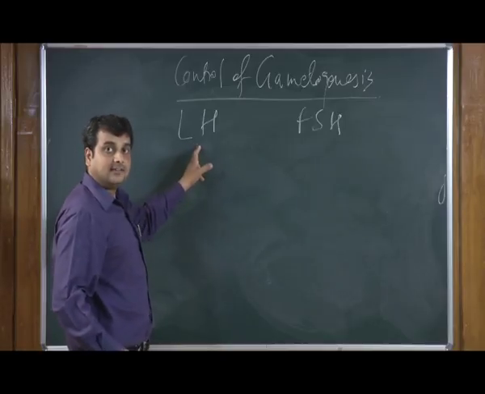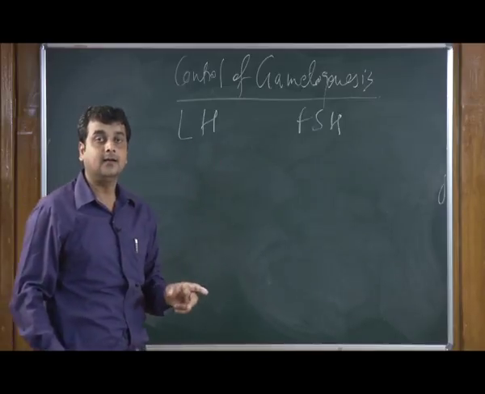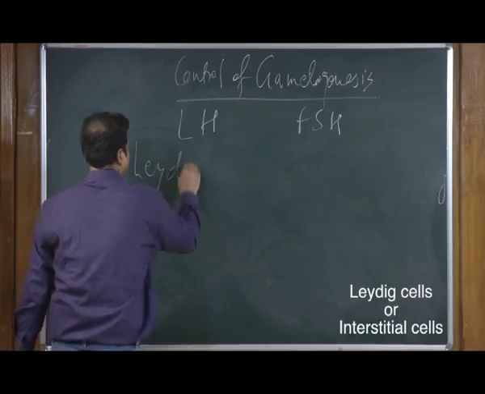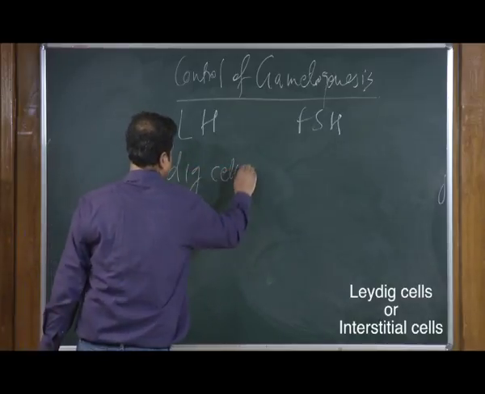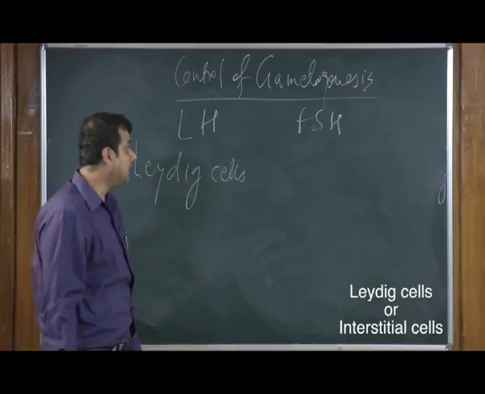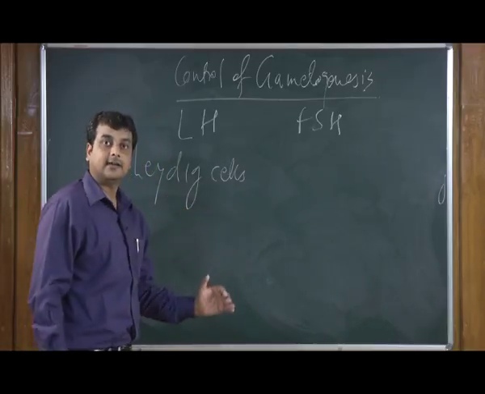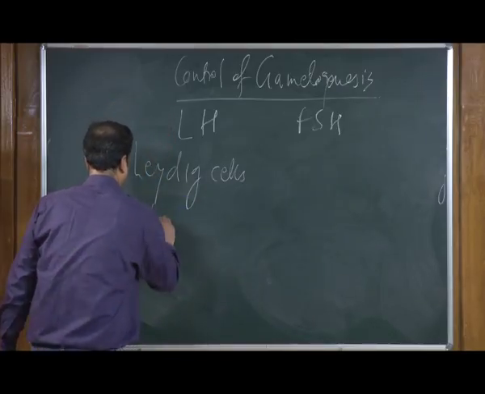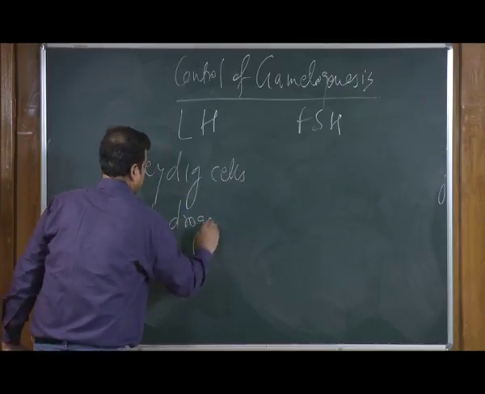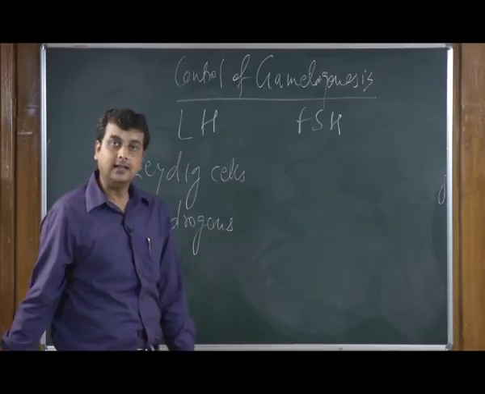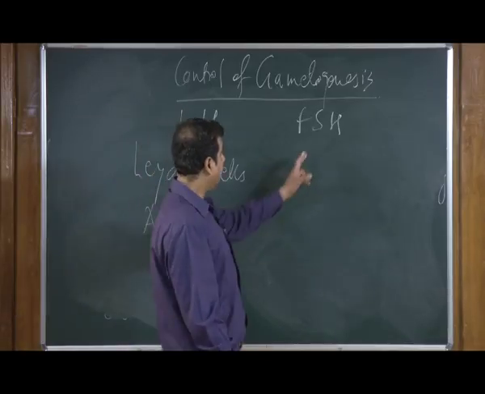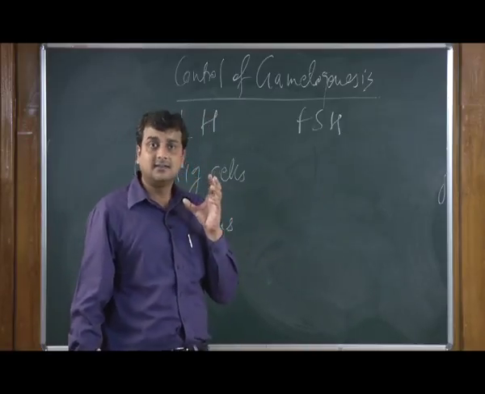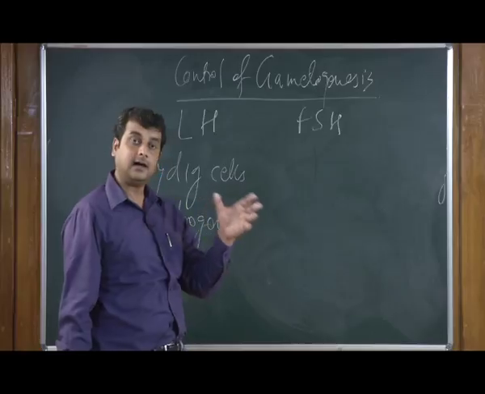Now, luteinizing hormone will act on an area called the Leydig cell, which we already discussed. It is also called the interstitial cell, and this Leydig cell will secrete the male hormones, what we call androgens.